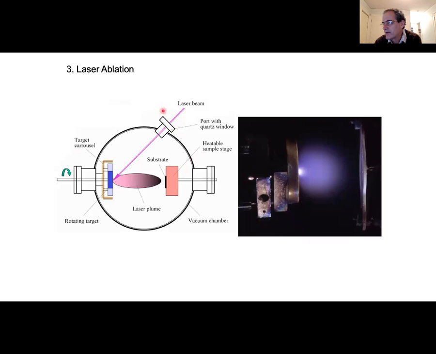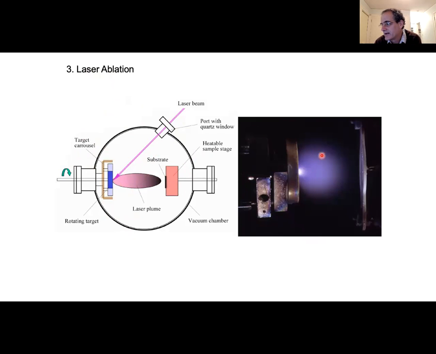Here's another physical vapor deposition technique. This is called laser ablation, and the name basically says everything. In a high vacuum, we zap the surface of the target with a laser, and this pulse of energy vaporizes part of the surface, and then this ablated material goes out in all directions, and some of it coats the substrate.